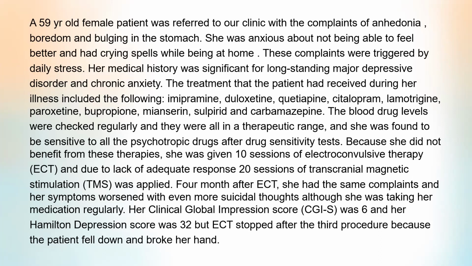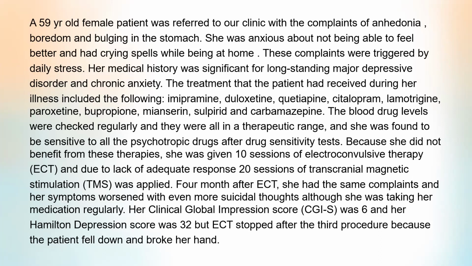The treatment she had received included imipramine, duloxetine, quetiapine, citalopram, lamotrigine, paroxetine, bupropion, mianserin, sulpiride, and carbamazepine. The blood drug levels were checked regularly and were all in the therapeutic range. She was found to be sensitive to all psychotropic drugs after drug sensitivity tests.